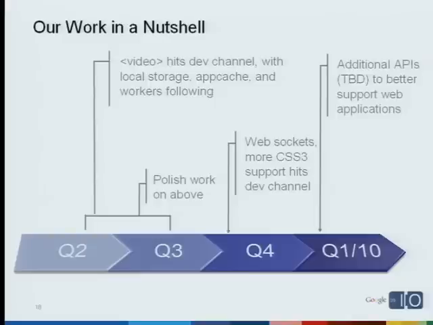The next-gen stuff we're working on, I mentioned a couple of them today, are WebSockets. Another one I didn't mention is CSS3. So we're doing a lot of work with CSS3 to support some of the advanced features like vertical text rendering for Asian languages, support for things like Ruby and other things that are used in a lot of languages with multiple character sets to show different representations for the same text.